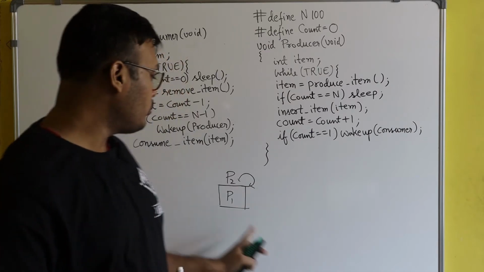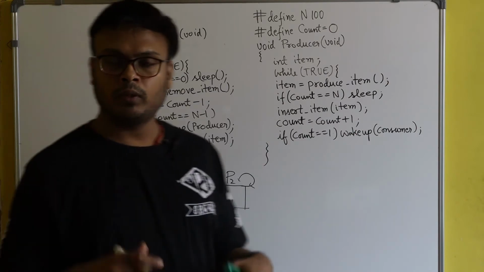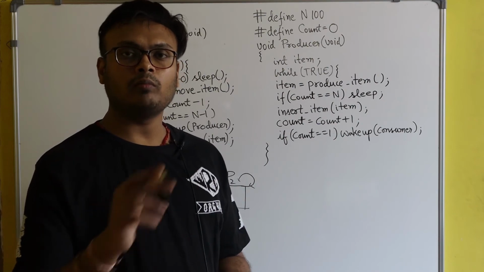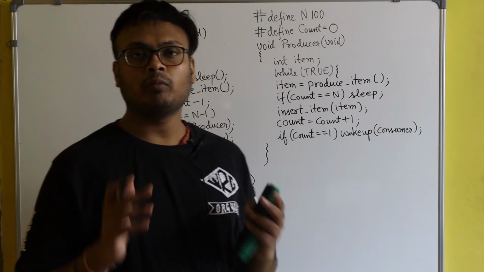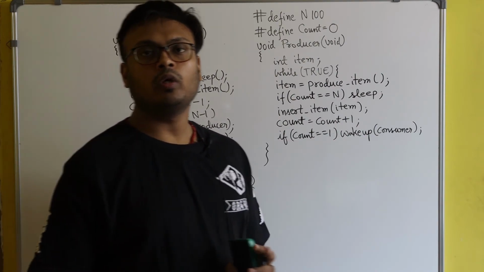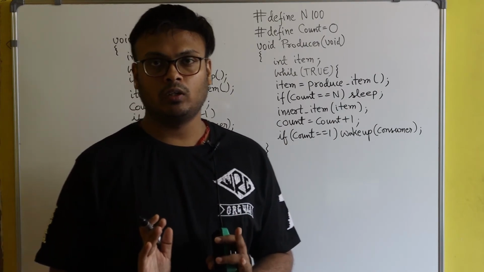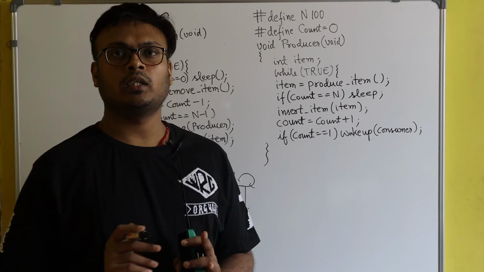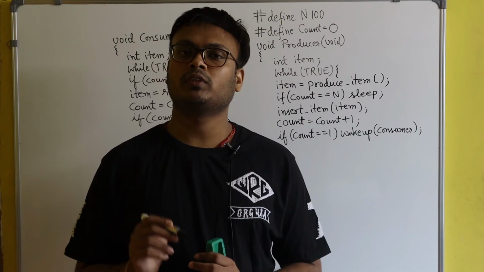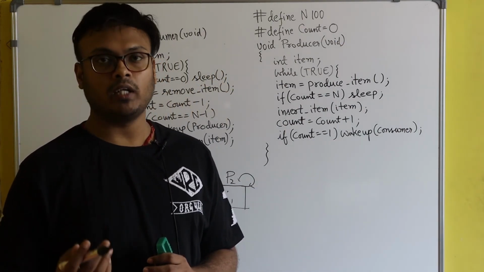When process P1 finishes its task, it will leave the critical section, and after that it will go and wake up process P2, saying, I have completed my task, now please wake up and do your task. In doing so, CPU cycles will not be wasted. So it's a solution to the busy waiting problem. With the help of sleep and wake, we can overcome the busy waiting problem.